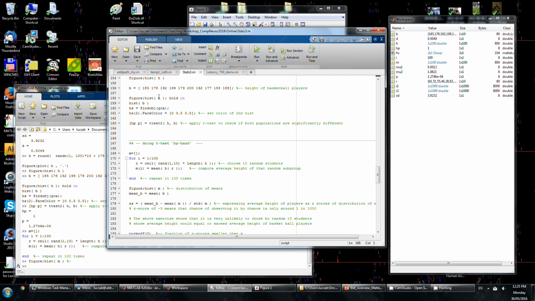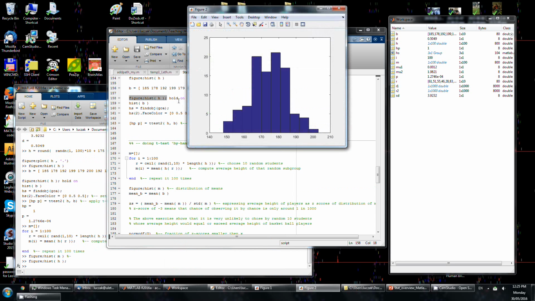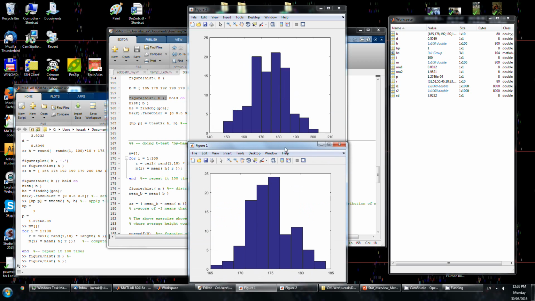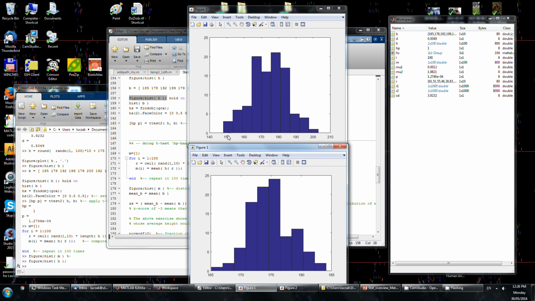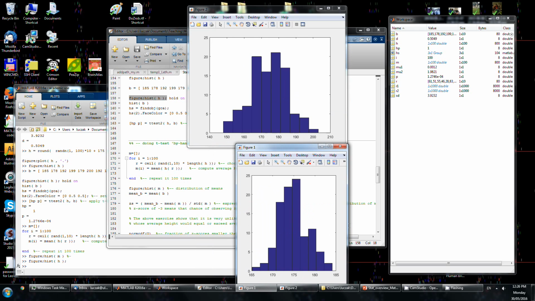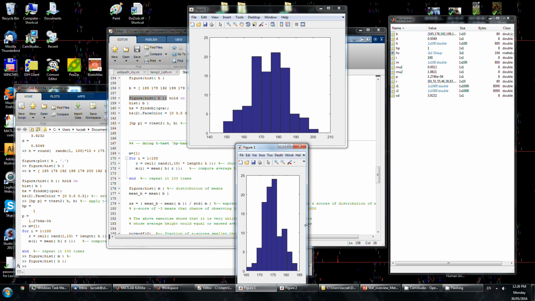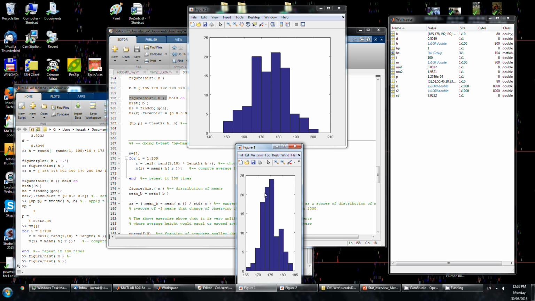And let's plot what the original distribution was. Here you see that the original distribution was changing between around 150 to 200 centimeters. Now our new distribution is changing from around 165 to around 185, so it is now a much narrower distribution.